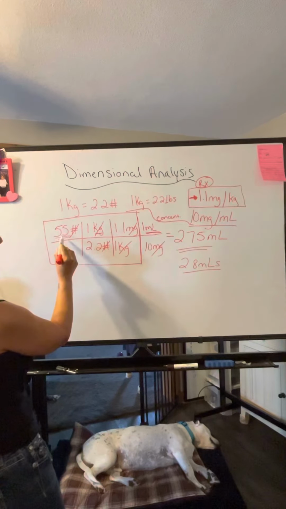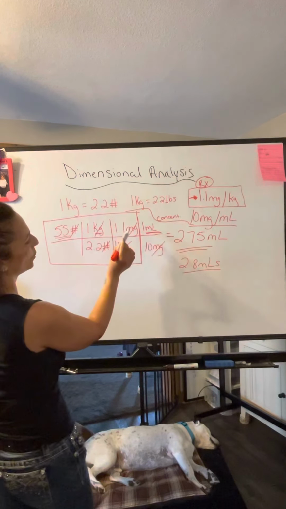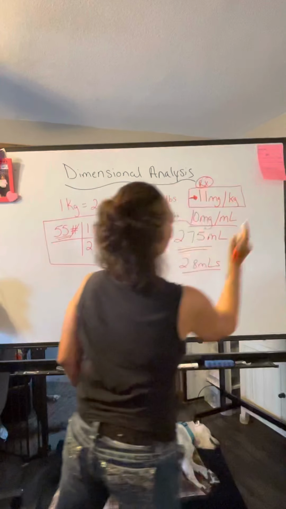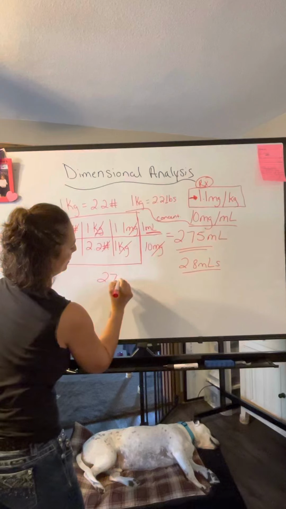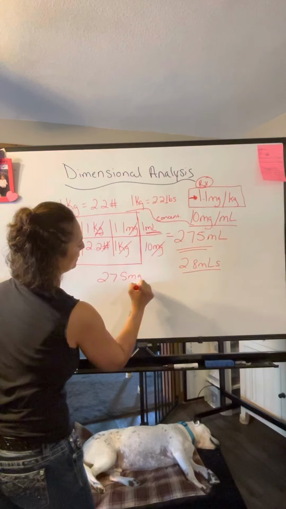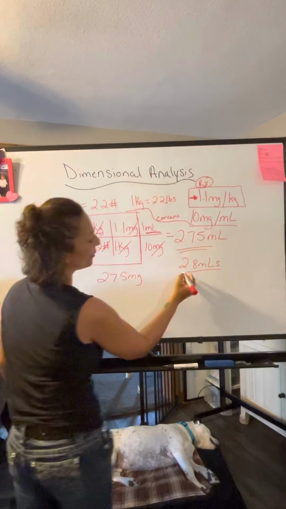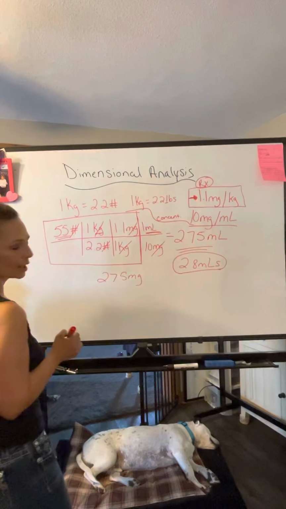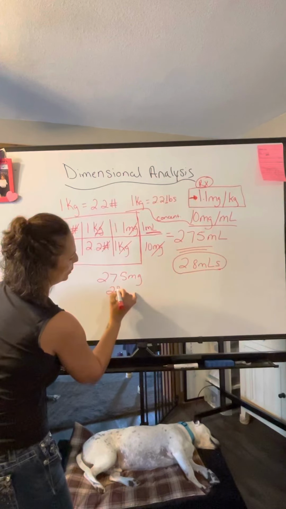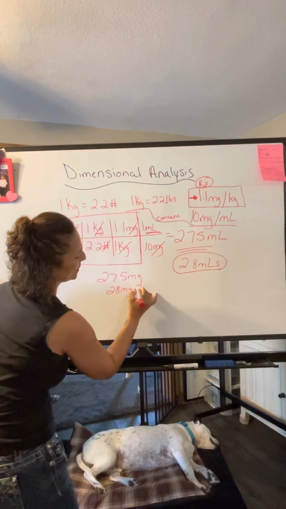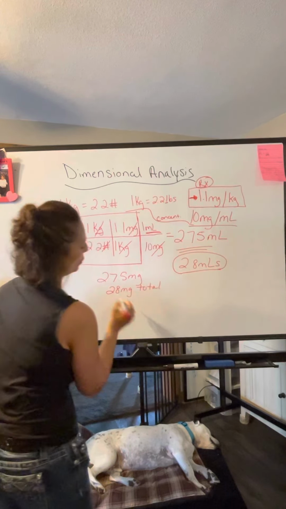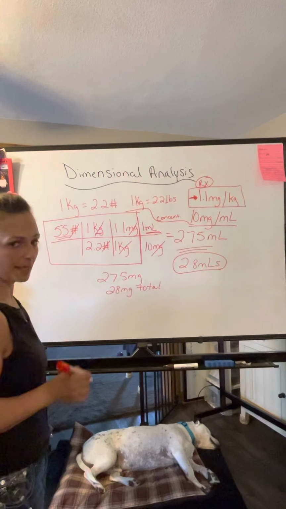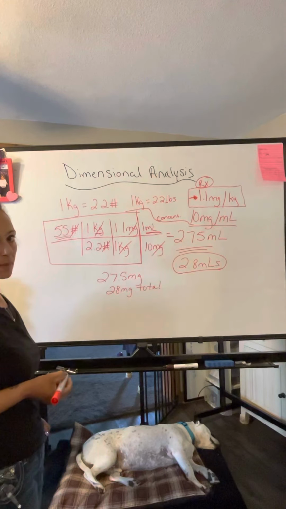So then we would take 55 times 1 times 1.1 divided by 1 divided by 2.2. And we end up with 27.5 milligrams. Now, if we're administering 2.8 mLs, remember, you're going to have to round that to 28 milligrams total. Don't write 27.5 because you actually administered 2.8 mLs, which is 28 milligrams.